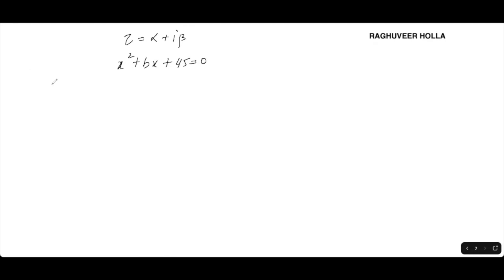So now if you have alpha plus i beta as one root, the conjugate will be alpha minus i beta. Now the sum, okay, sum is alpha plus beta. So this you consider as one root and this as another root.